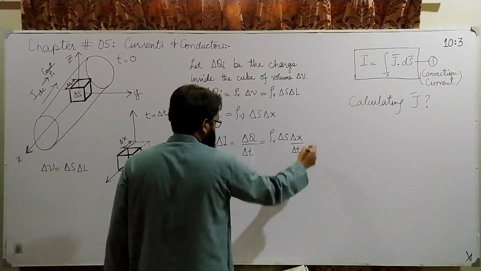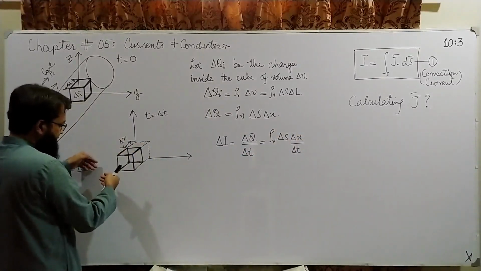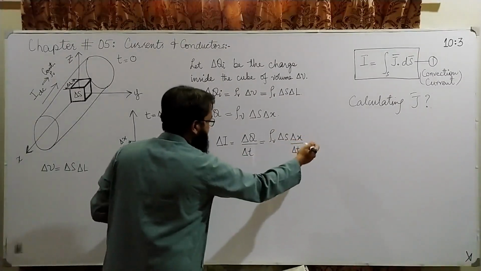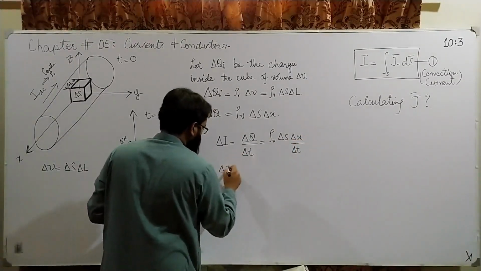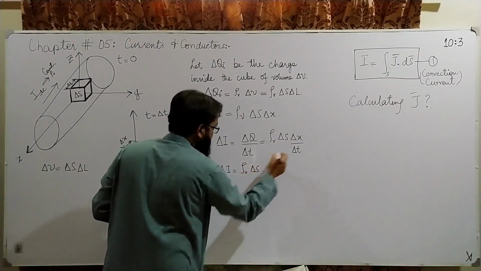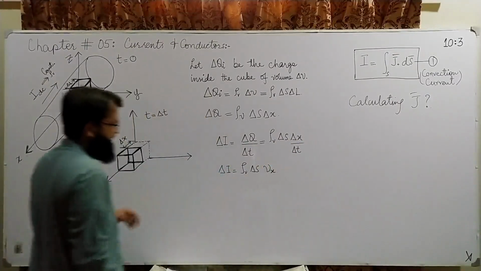So what is this? The distance which this box covered in x direction in this time. So this is nothing but rho v delta s. This is nothing but the velocity of the box in x direction.